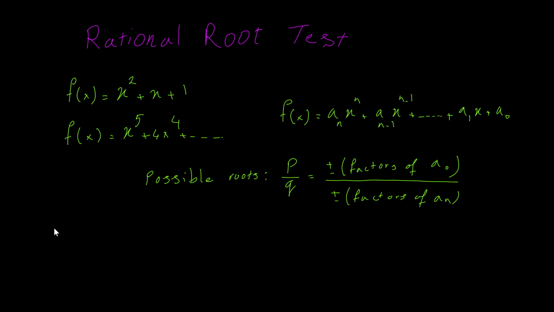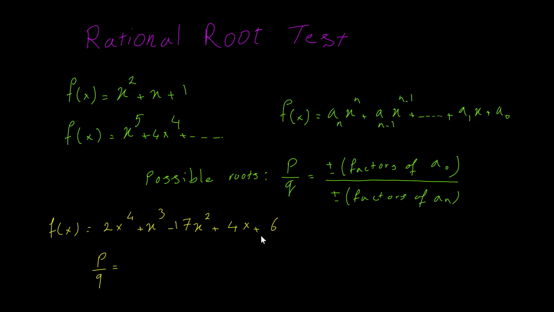So let's say we have the polynomial f of x is equal to 2x to the fourth plus x to the third minus 17x squared plus 4x plus 6. In order to find the possible roots, we do p over q.